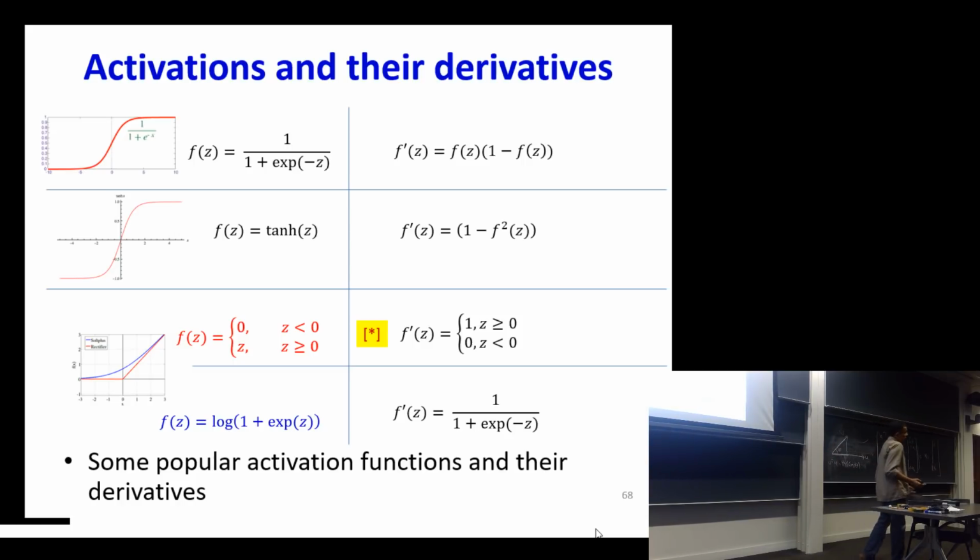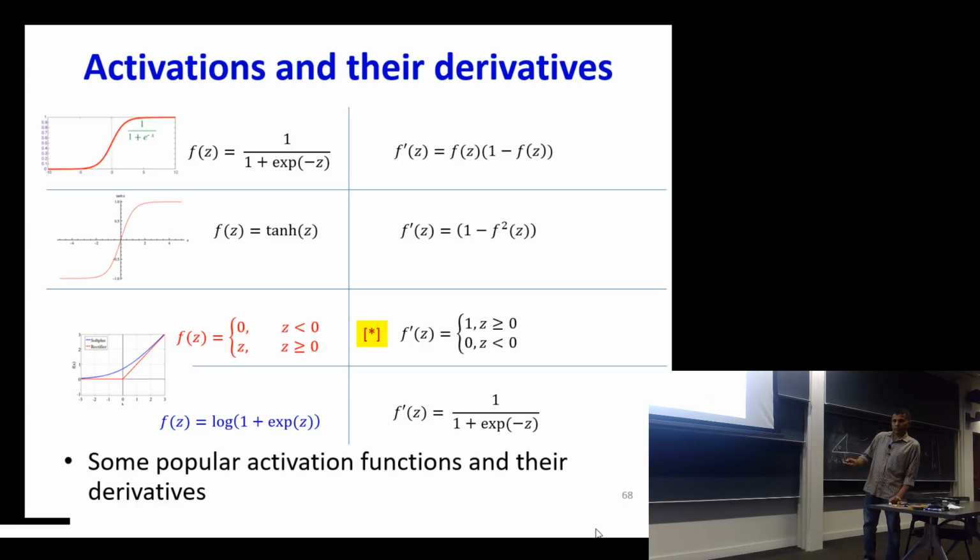There are other reasons to be using the tanh activation, and we will actually see some cases of neural networks where this is way more appropriate than the sigmoid for reasons besides just the minus 1 shift. And the derivative of the tanh is 1 minus f squared of z.